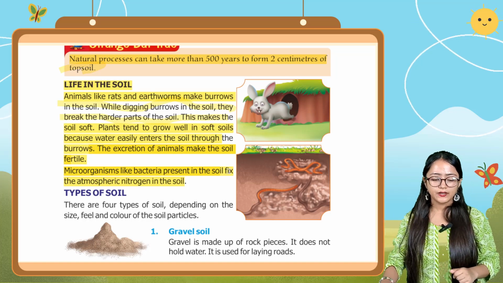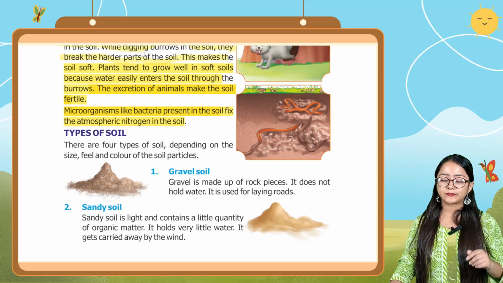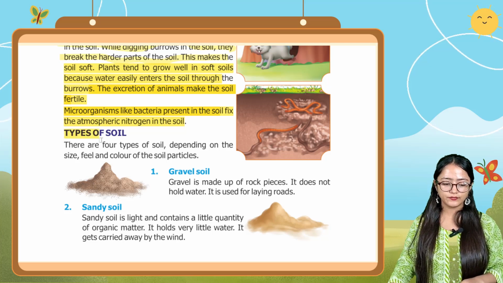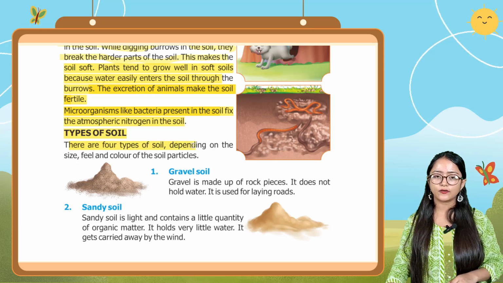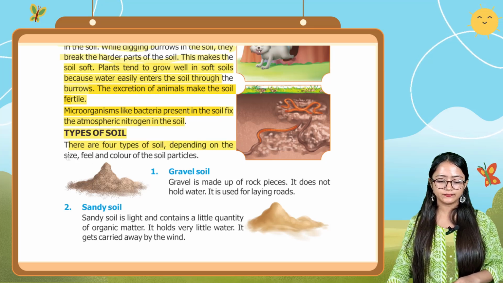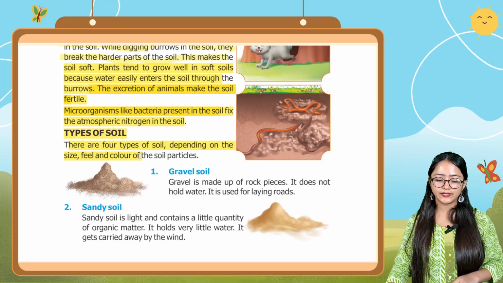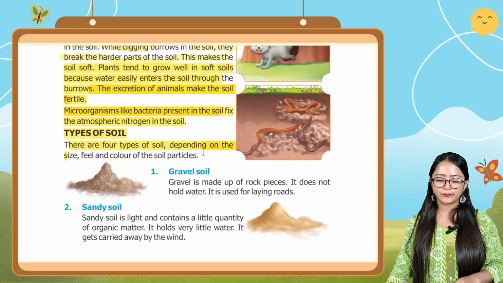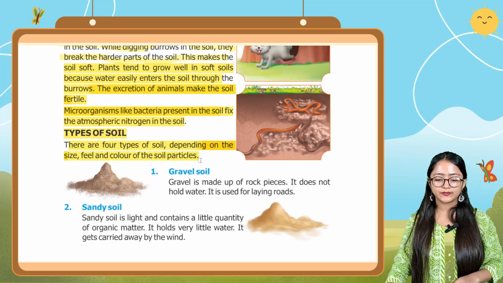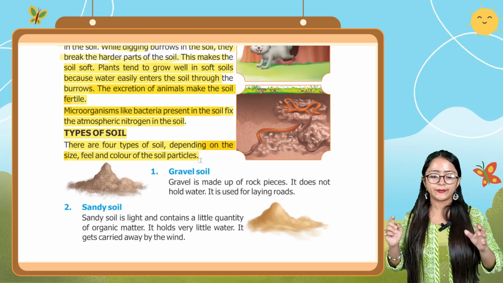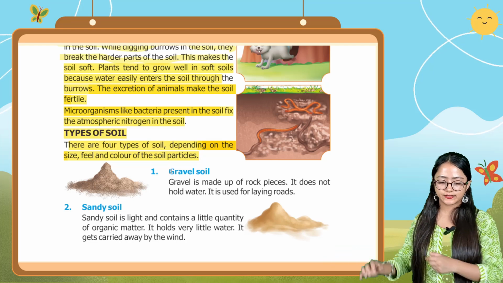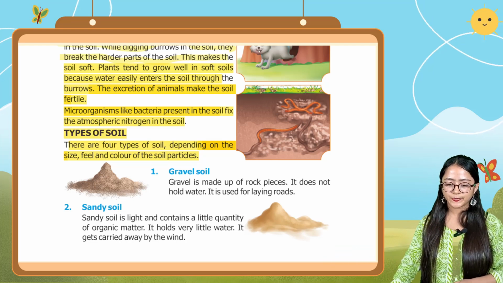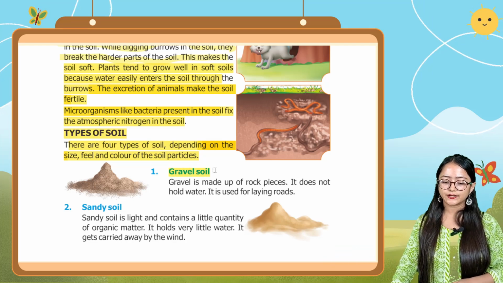Now we're going to talk about types of soil. There are 4 types of soil depending on the size, feel and color of the soil particles. As you can see in this picture, the first one is gravel soil.